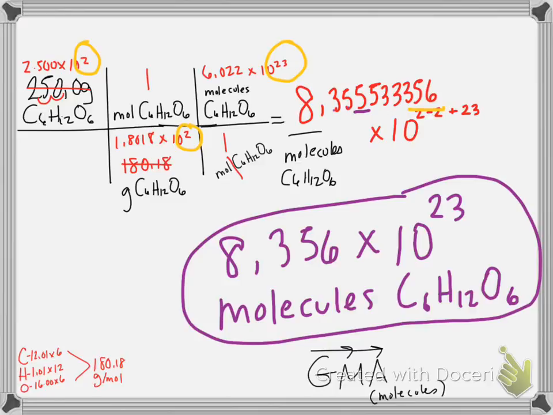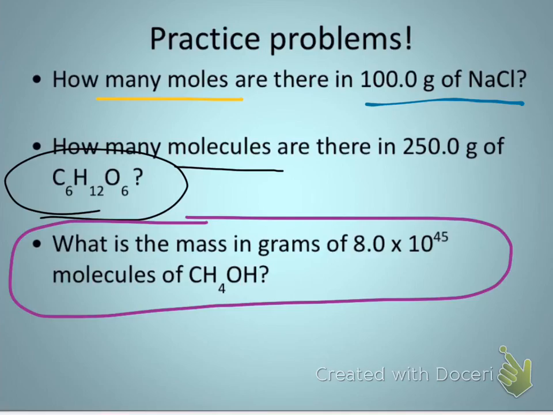Okay, let's do one more together. For our last one, what's the mass in grams of 8.0 times 10 to the 45th molecules of CH4OH? That's an impossible compound. I apologize, that should be a 3. I will need to go back and edit my notes. That should be CH3OH. You don't know why that's an impossible compound, but I do, so it sticks out to me. Okay, so 8.0 times 10 to the 45th molecules of CH3OH was in our first box.